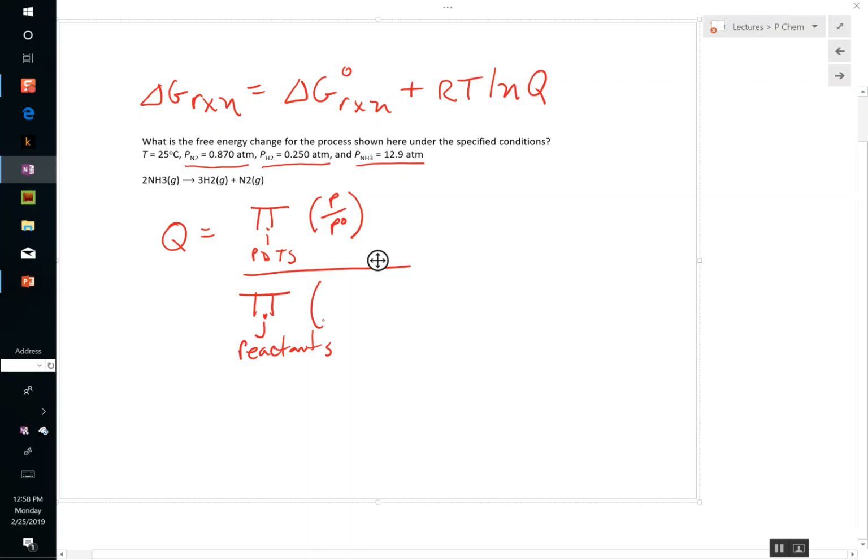Is the standard pressure always going to be 1? Yeah, one bar, or 1 atmosphere. So let's see what this would look like.